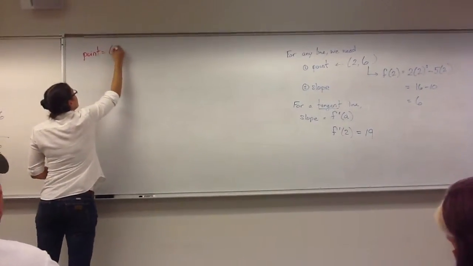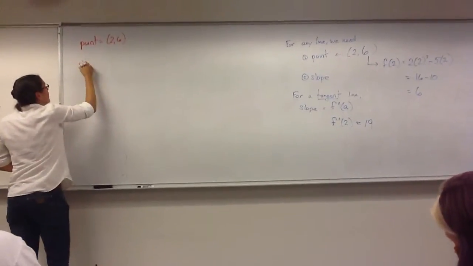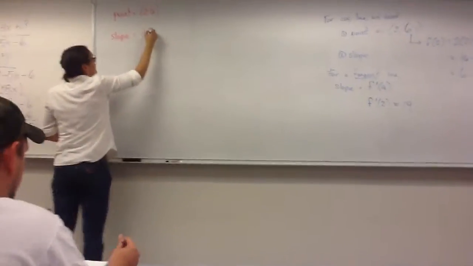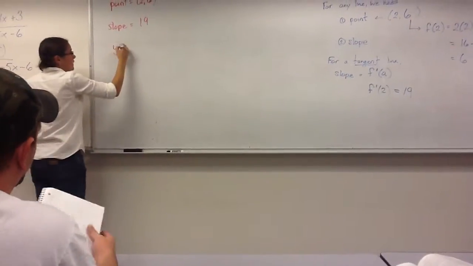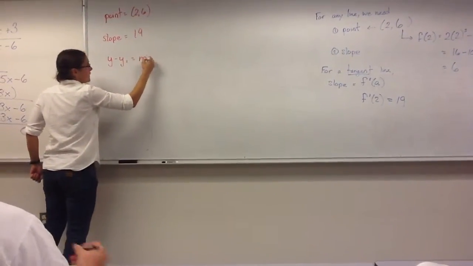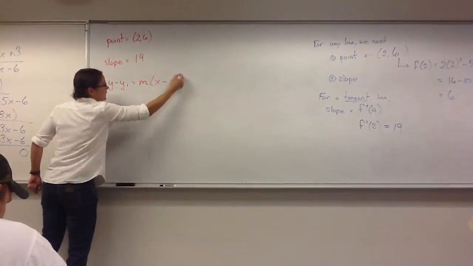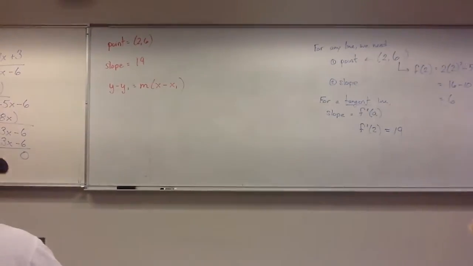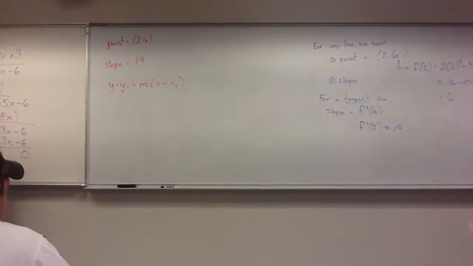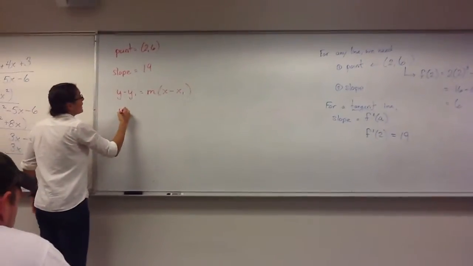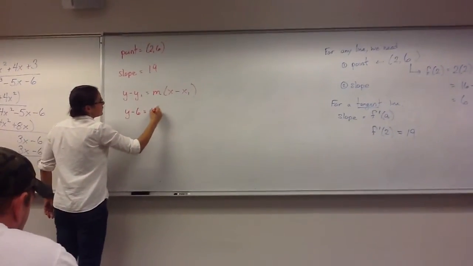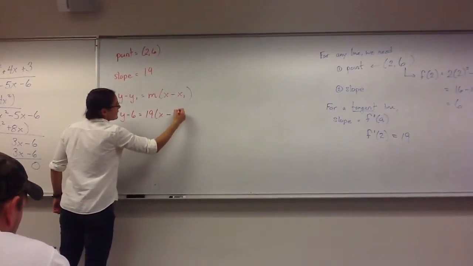So our point is 2, 6, and our slope is 19. So use your favorite version of the equation of a line. I'm going to use the point slope form. If you prefer the slope intercept, that's fine also. So we have y minus 6 is equal to 19 times x minus 2.